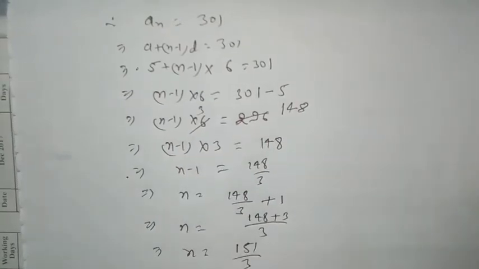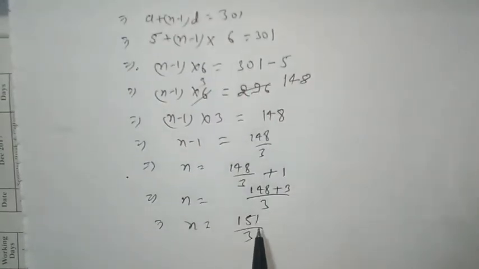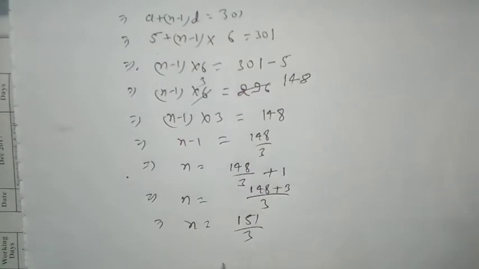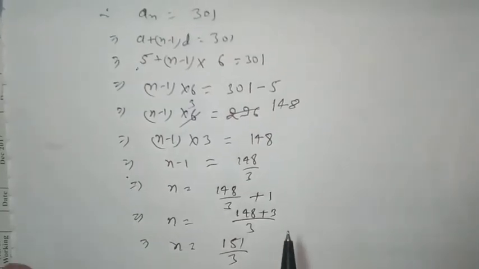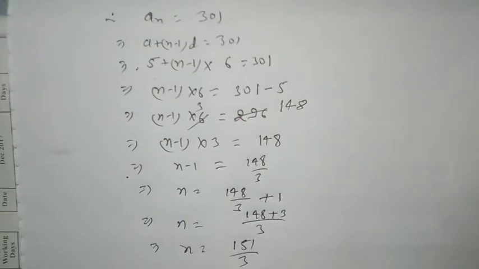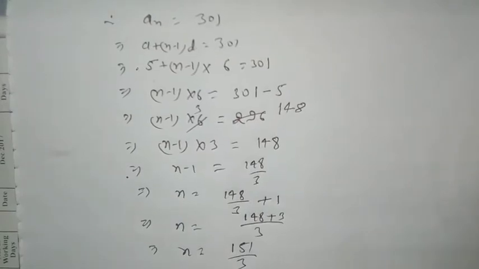Now 151 is not divisible by 3, so we can say here N is not an integer, it is a fraction, so this is not possible. 301 is not a term of the AP.